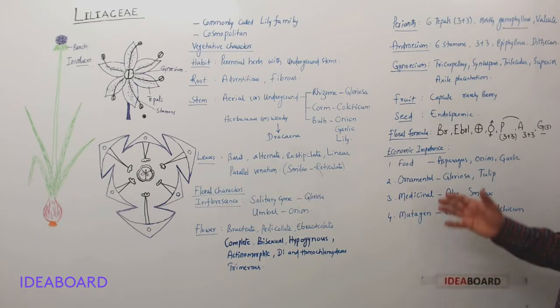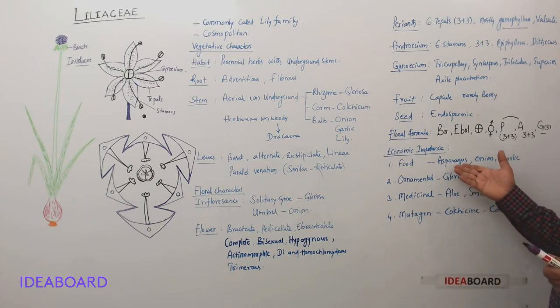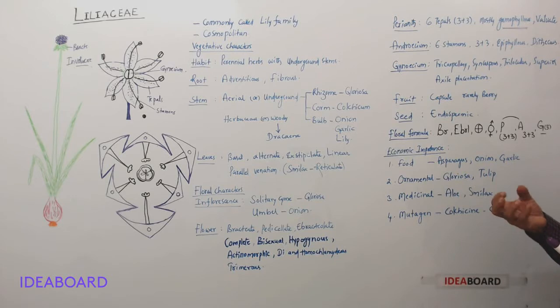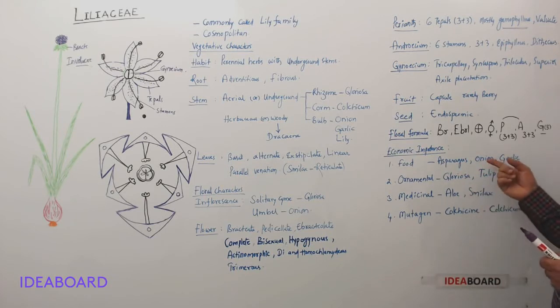Okay, now let us come to the economic importance of this family Liliaceae. So you remember asparagus, the fasciculated roots of asparagus, which store food material, are edible. And also onion, of course, we are familiar with that. The onion bulb is edible. We use it, and garlic, of course, is a very important one. That is also used as food.